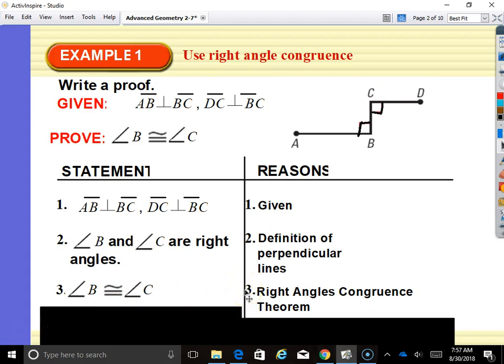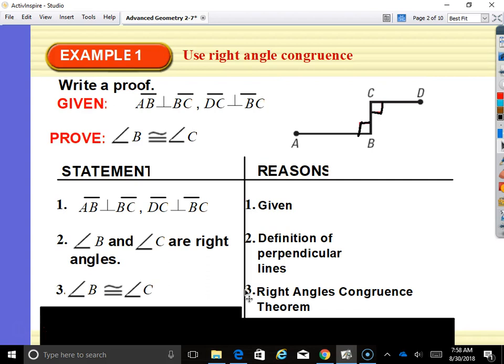That saves you the hassle of having to say angle B equals 90 degrees, angle C equals 90 degrees, definition of right angle, and then angle B equals angle C would be transitive, because if they're both equal to 90, then they're equal to each other. That would totally work too. So there's not always just one way to do the proof. A lot of times there's a couple different options you could go with.